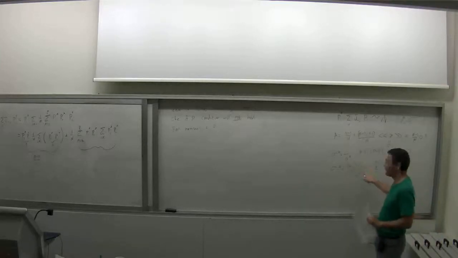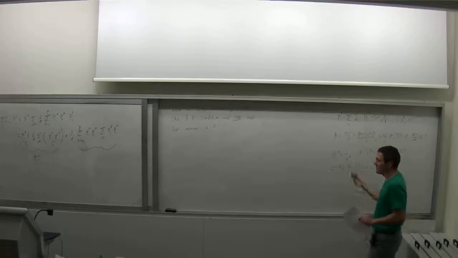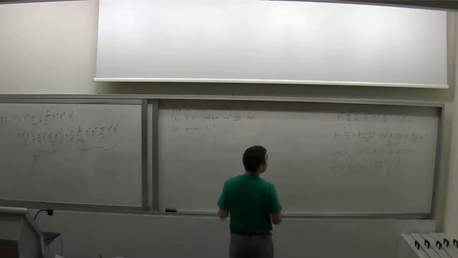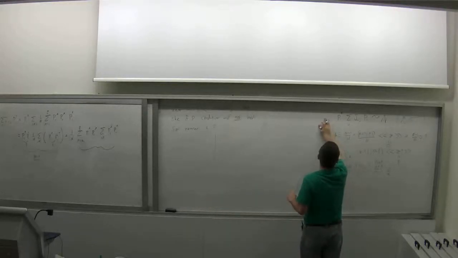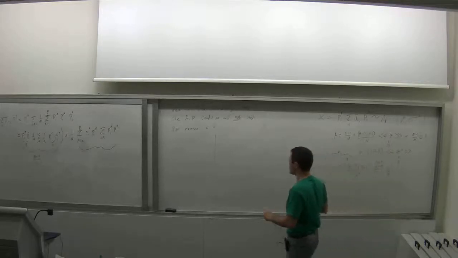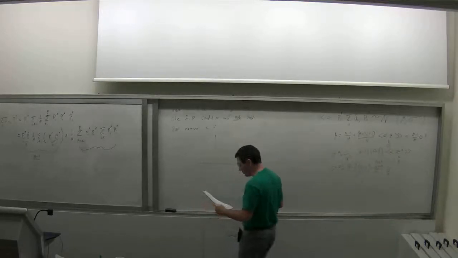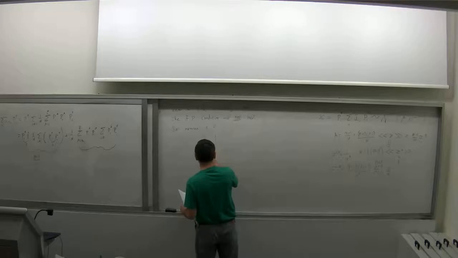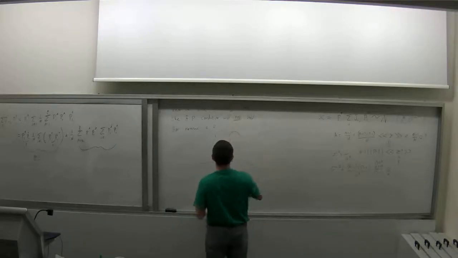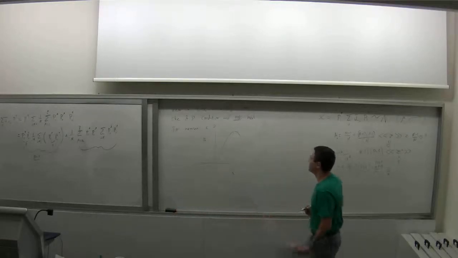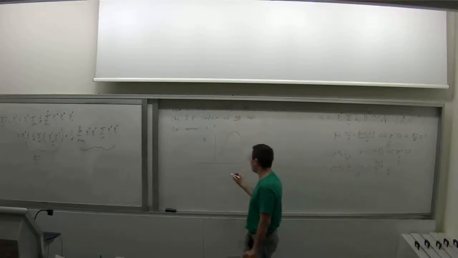Well, this was after the approximation. So the way to think about it is the following. Let's call this term X. What I'm plotting here is the probability distribution of X, with the probability on this axis and X on this axis.